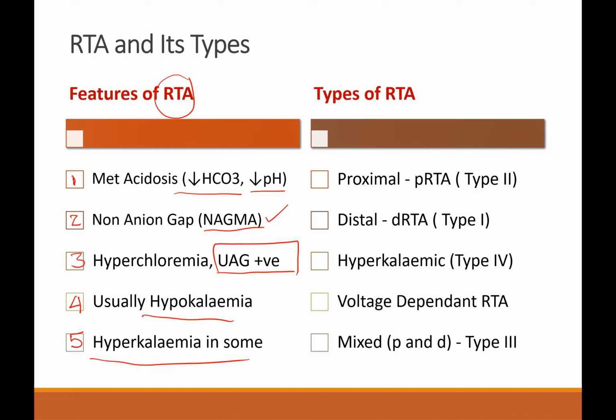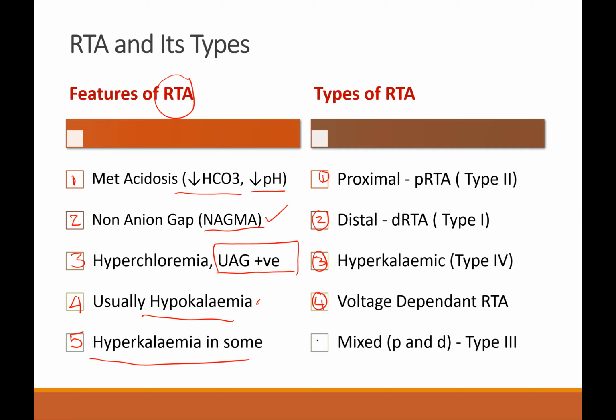The manifestations will be hypokalemia manifestations: weakness, muscle weakness, paralysis, fatigue, all those manifestations of hypokalemia here, and we will see what happens there. Now, what are the types? Features are here, types are on this side. 1, proximal tubule. 2, distal tubule. 3, hyperkalemia.